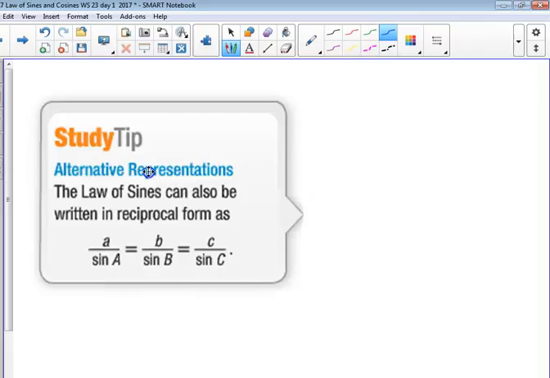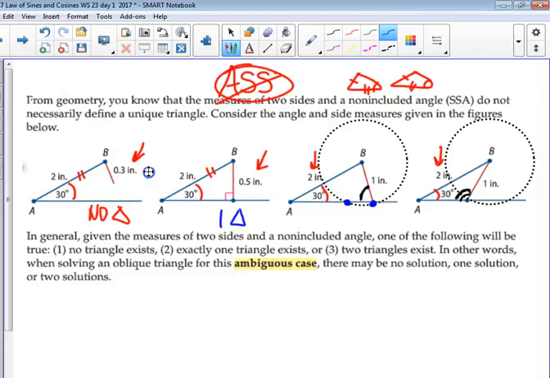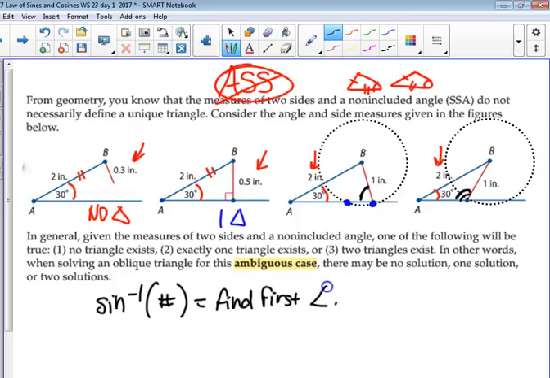I don't know why they have such a bad example here, but anyway, you get the idea that there can be 2 examples. How did we find the second one? Whenever we do this, we find the value of an angle. Okay, we do second sine of some decimal, that gives us the first possible angle.